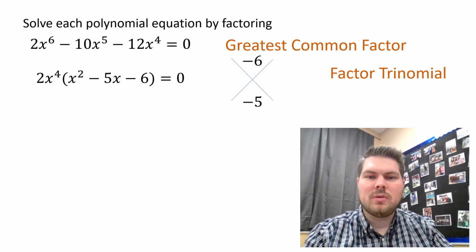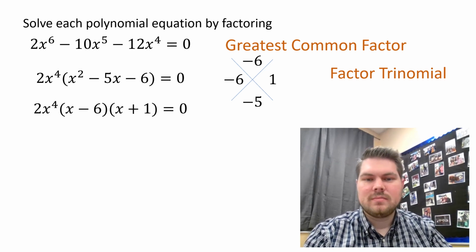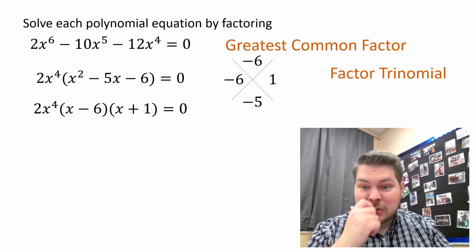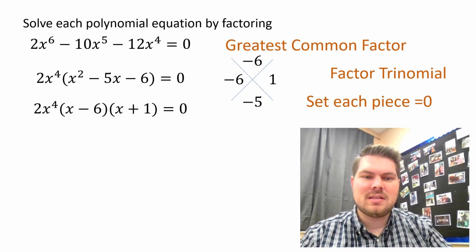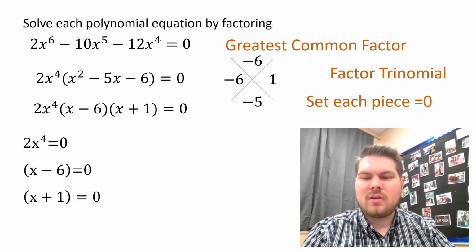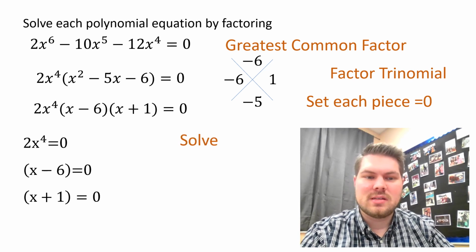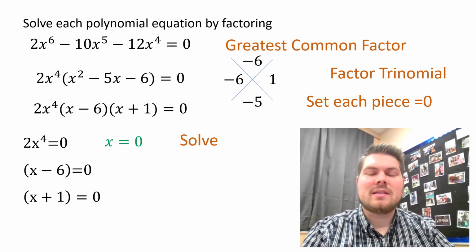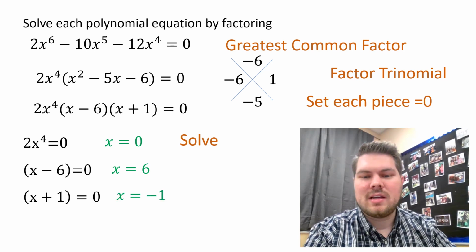So two numbers that multiply to be negative 6 and add to be negative 5 are negative 6 and positive 1. Now, we just set each of these pieces equal to 0 to solve. And first, you get x equals 0, x equals 6, and x equals negative 1.